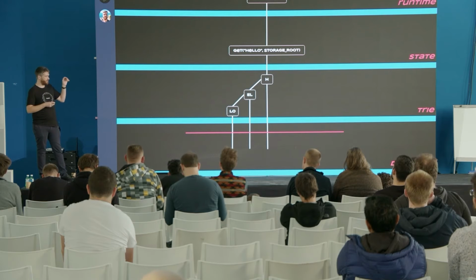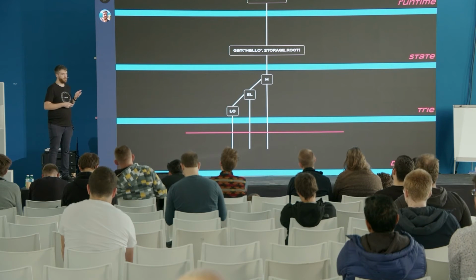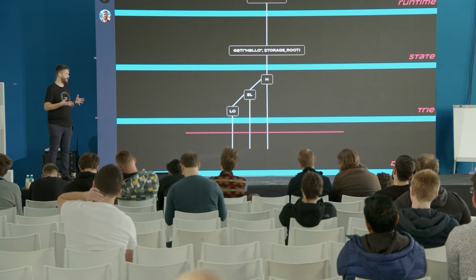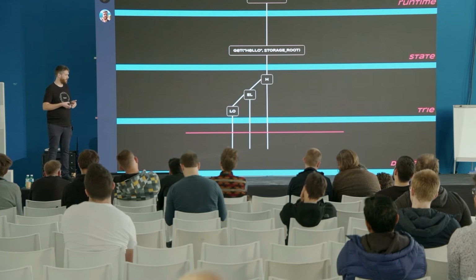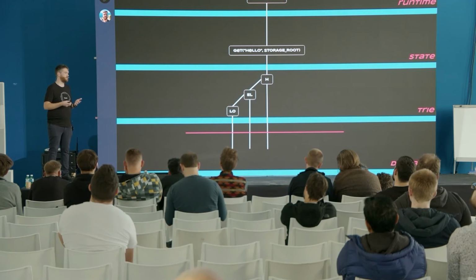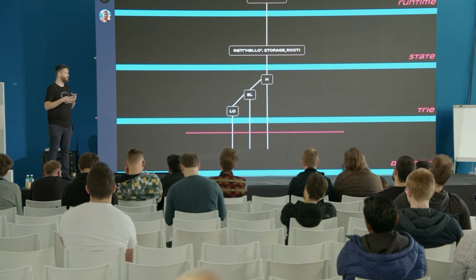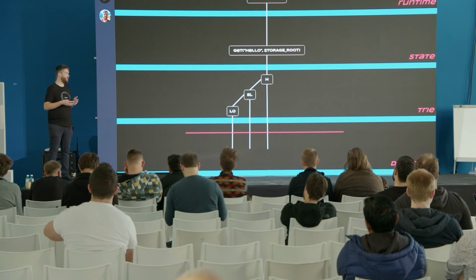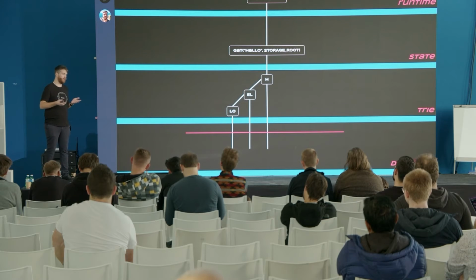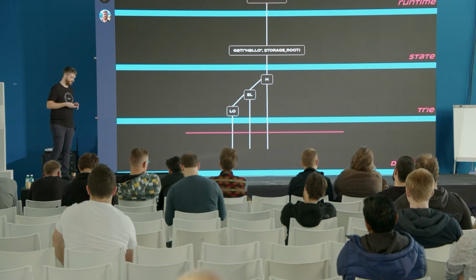So instead of going to the database, fetching the data, decoding it, and then having our node, we would go to this database layer, get the data, and decode it. So it should be much faster, because if you're accessing the database, in the worst case you're going to your disk, because that's where your data is stored. And if you can keep it in memory, it should be faster.